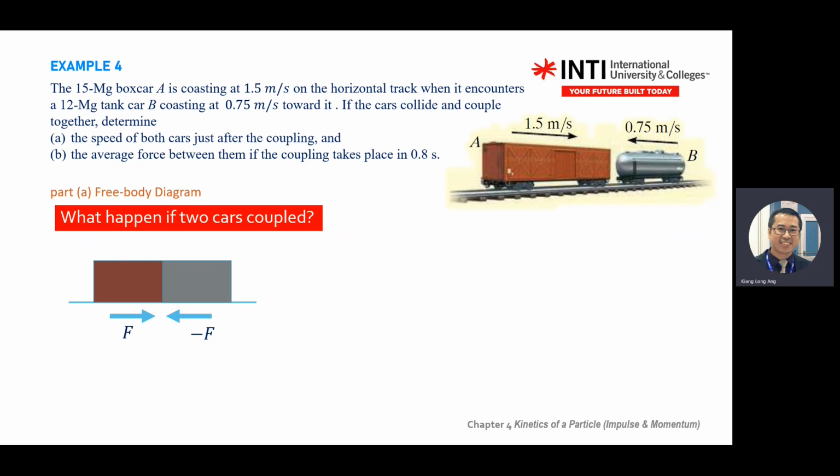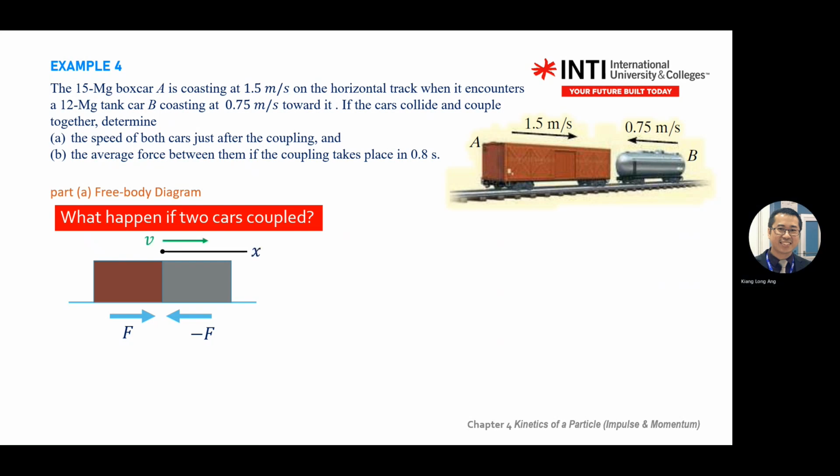m v1 equal to m v2. This one focuses on one body only. You use it for one body only. That means you focus on the individual body when you want to use this equation.